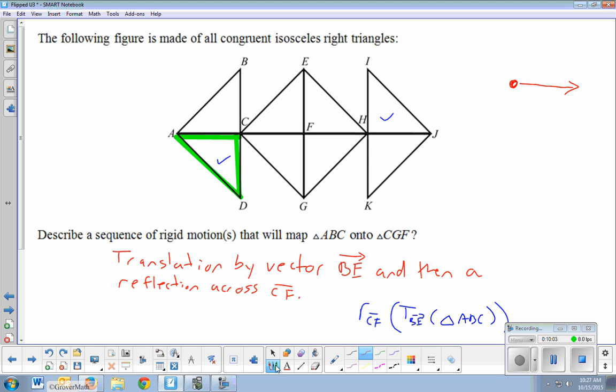The one I'm going to choose to say is the second one I came up with. I'm going to reflect across FG. This triangle reflected across this line will be this triangle, and then reflect across HJ to land on that triangle.